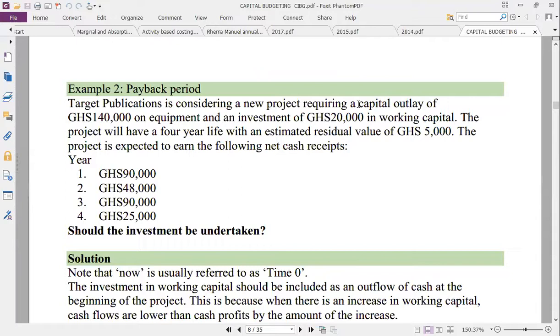The project is expected to earn the following net cash receipts. You know that for payback, we need cash flow, not profit. So take notes. They are here: 90, 48, 90, 25. Should the investment be undertaken?